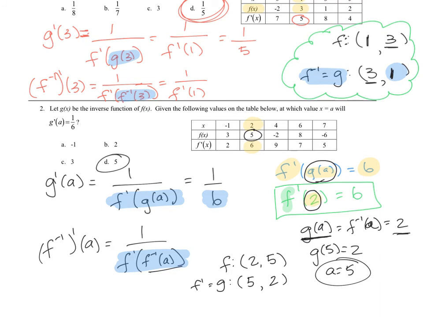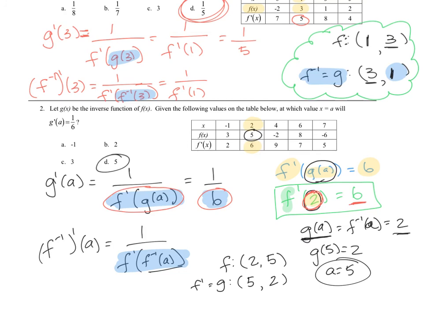Whew. All right, I know, in your brain, it's like a puzzle, and your brain goes to mush in the middle of it, right? So the big idea here was this. I recalled what the derivative of the inverse function is. I noticed that I have to figure out when the derivative's denominator is equal to 6. I looked at my table and said, f prime of 2 gives me 6.